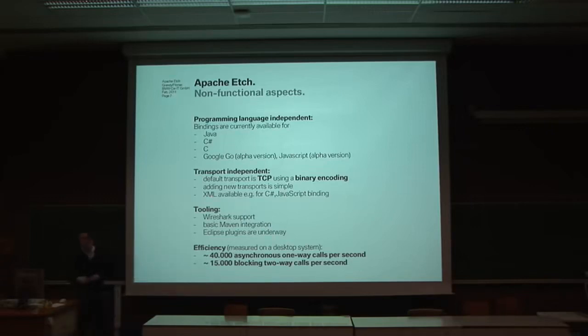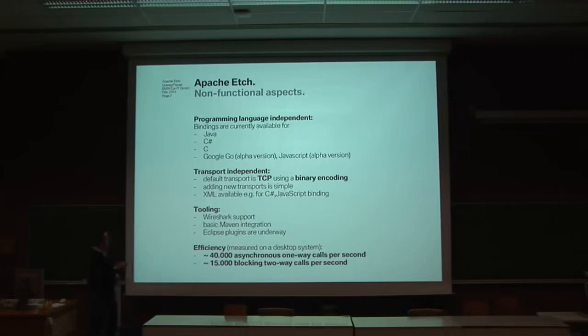There is an XML binding available, for example, implemented in the JavaScript and C# bindings, because of course in a browser scenario this would fit better than binary encodings. But for example, if you go embedded, which you can with Etch, then of course this binary encoding is probably the thing that you want. So you can really choose, and the technology itself is independent from that feature, from that very basic requirement.